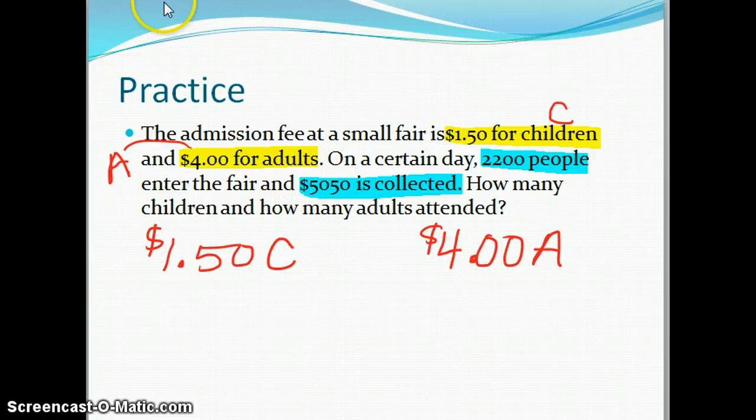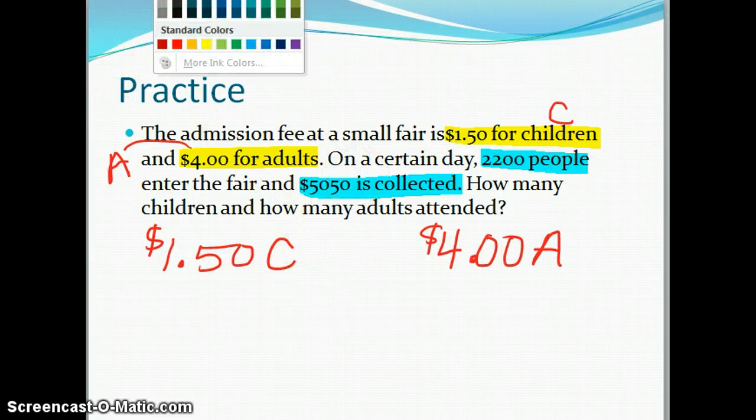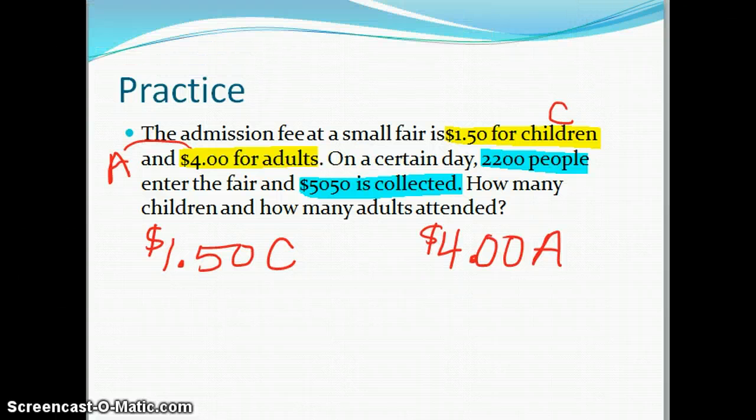So I know that if I add these two together, it's going to equal $5,050, right? Because the amount of children plus the amount of adults at how much it costs should equal that total amount. So that's one of my equations.